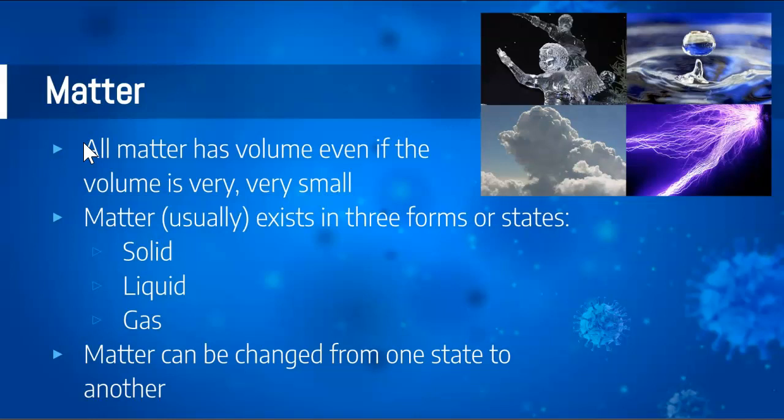It all depends on what temperature you're at, all right? Now, typically, when we're talking about the three states of matter, we're usually talking about at room temperature, right? So at 20 degrees Celsius, a substance is usually either a solid, a liquid, or a gas, okay?